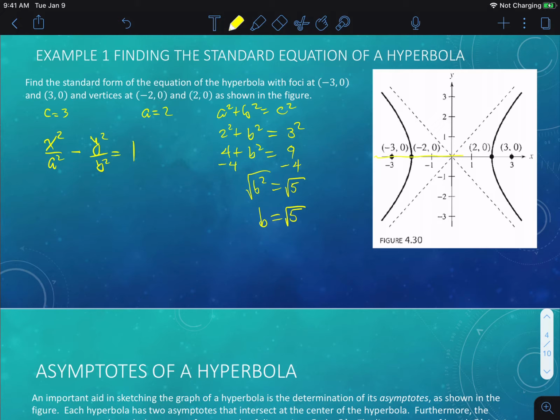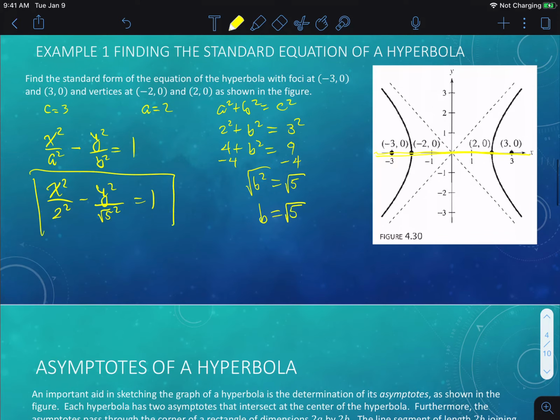You see that the transverse axis is indeed horizontal here, and so that's why we have that. So now all we have to do is plug in the numbers. x squared over 2 squared minus y squared over root 5 squared is equal to 1, and that is the equation for our hyperbola in this example.